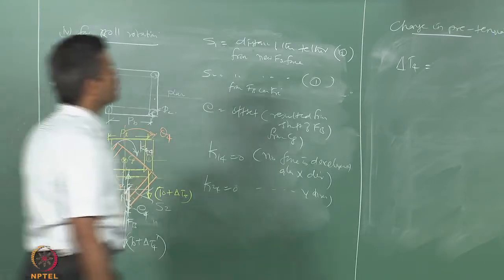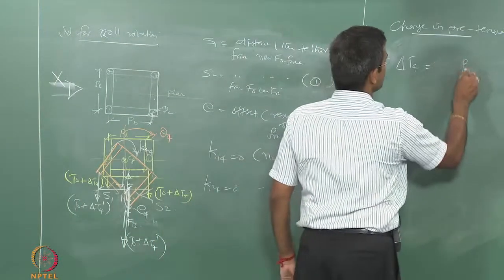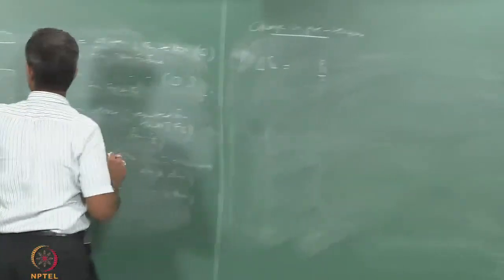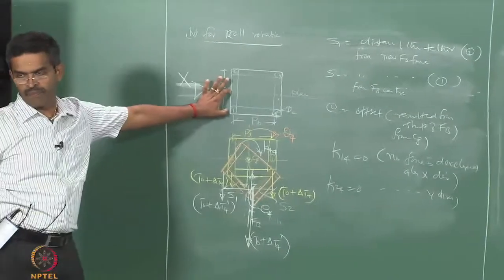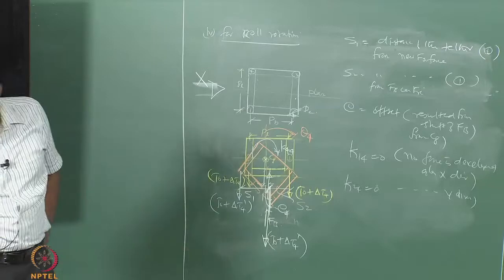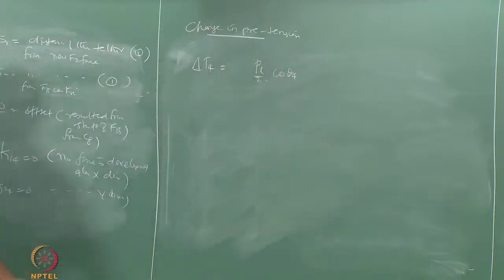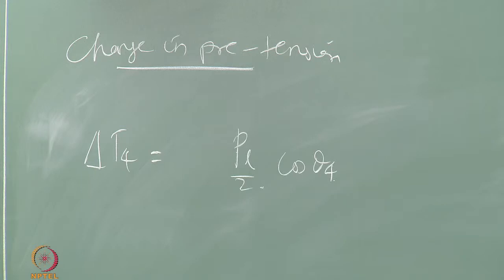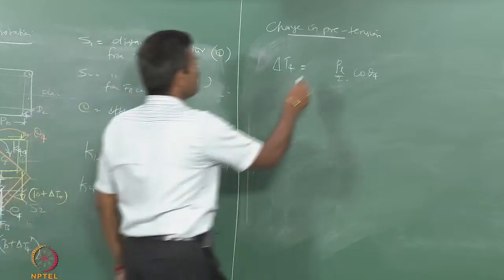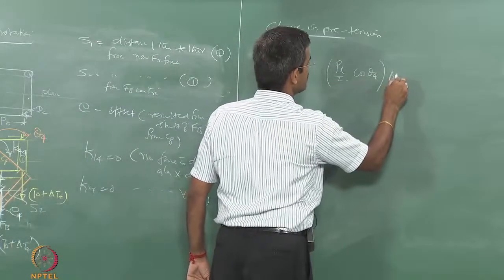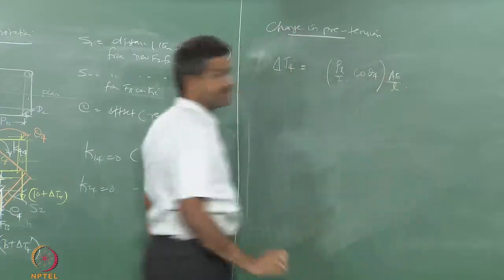Which should be actually equal to half of this dimension of cos theta 4, that is going to be the x component of this cos theta 4, of course multiplied by the initial axial tension available in the cable.